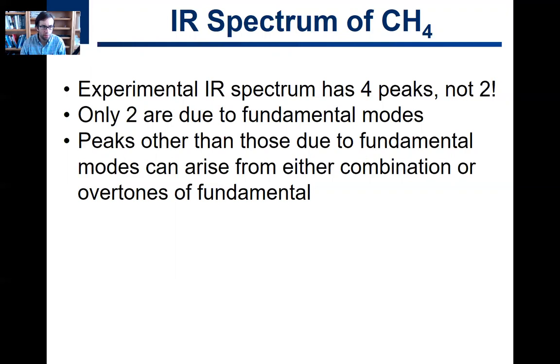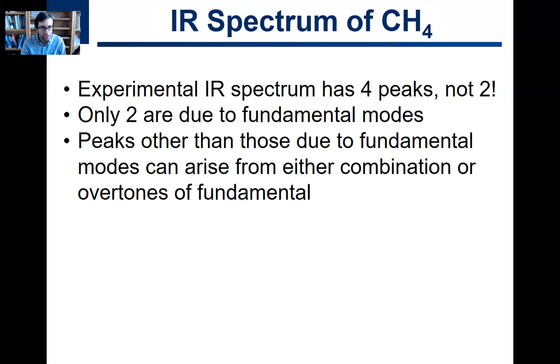Remember we said that normal modes or fundamental modes are like the strings on a stringed instrument, like a guitar or a ukulele or something, right? And so there are other things that can happen with modes. Modes can combine, like you're playing 2 strings at once, or you can play an overtone where you put your finger on one portion of the string to change its energy, right?